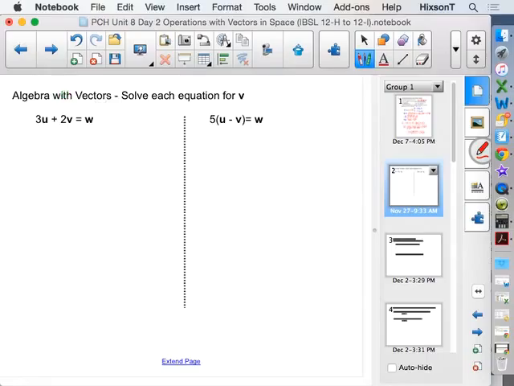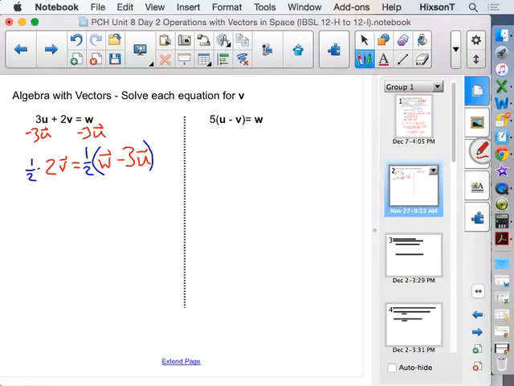For example, here, the first thing I would do is subtract 3 vector U. So I'd get 2 times vector V equals W minus 3U. And then we don't divide, because there's no scalar multiply by division; we multiply by a half on both sides.